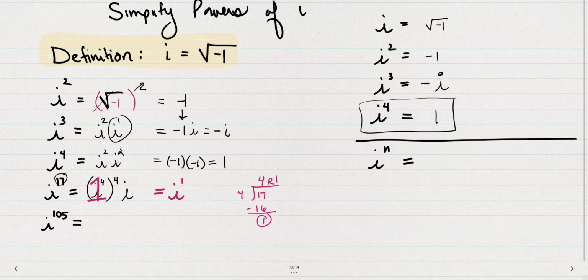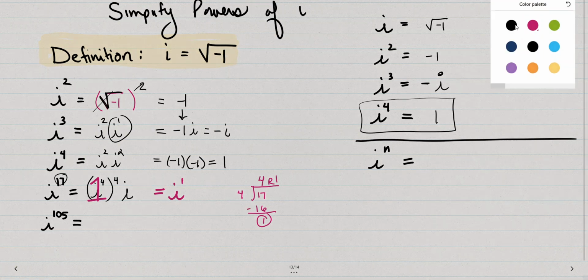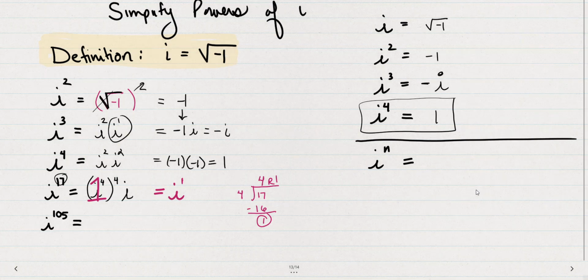Let's try that with another example. How about i to the 105? How many groups of 4 can I build? It doesn't even matter how many groups there are, because the only thing that's going to matter is how many are left over. But I know that with the 100, that's 25 groups of 4, because 25 times 4 is 100.